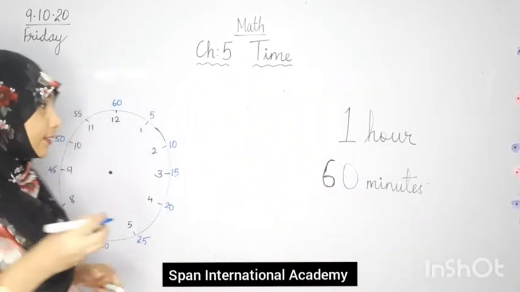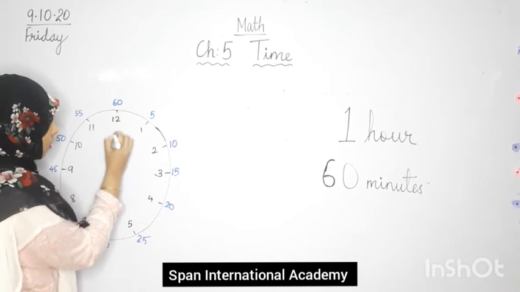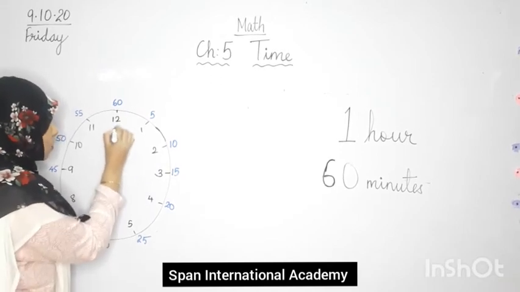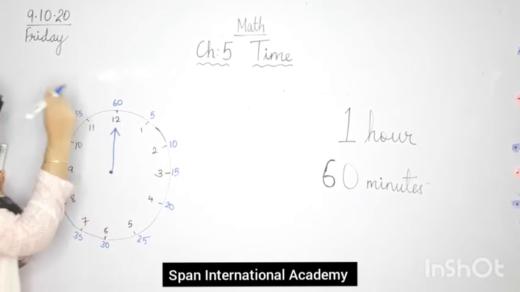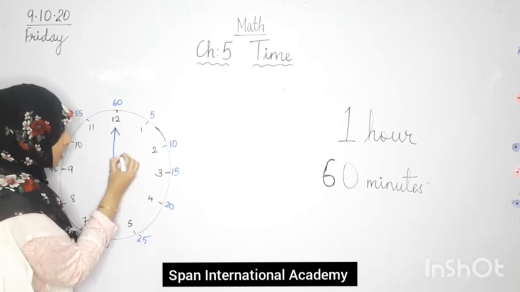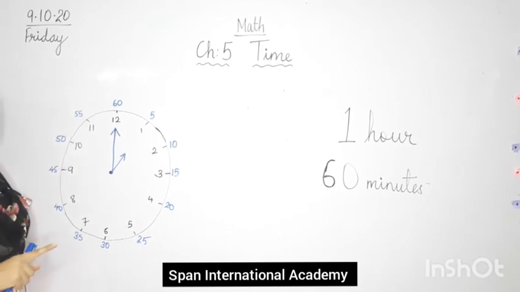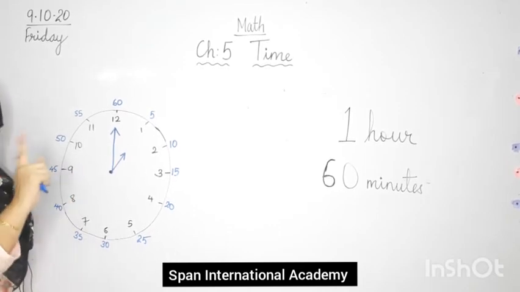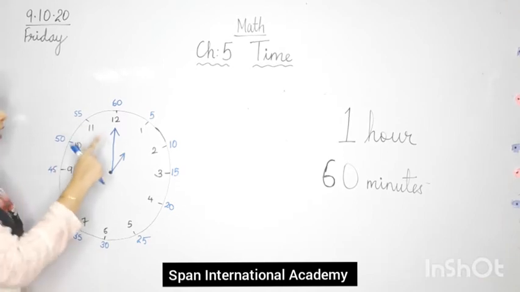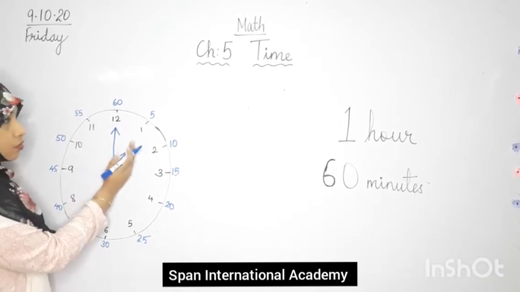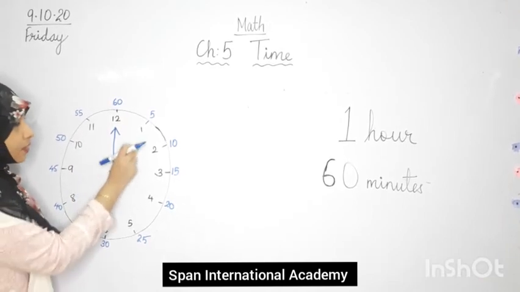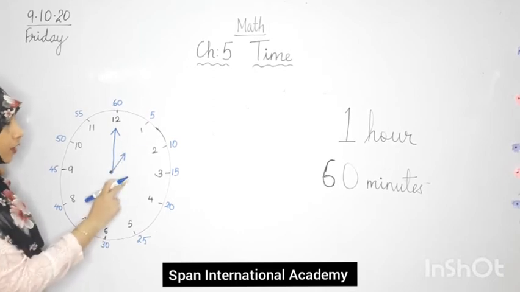Let's start with 1 o'clock. So my minute hand will be on 12 and my hour hand is going to be on 1. The time is 1 o'clock. To know the minutes, the hour hand is going to be here.